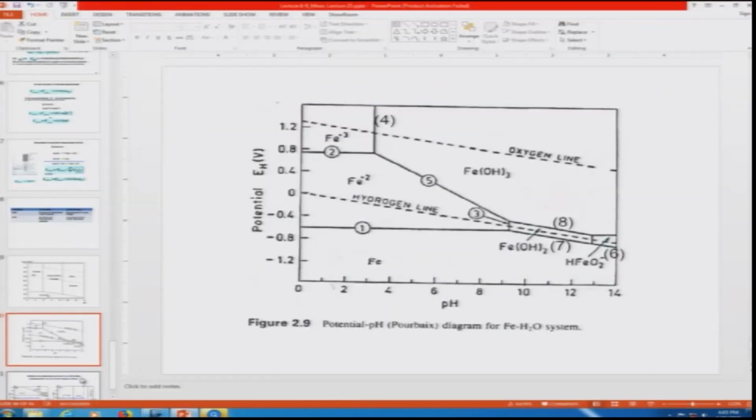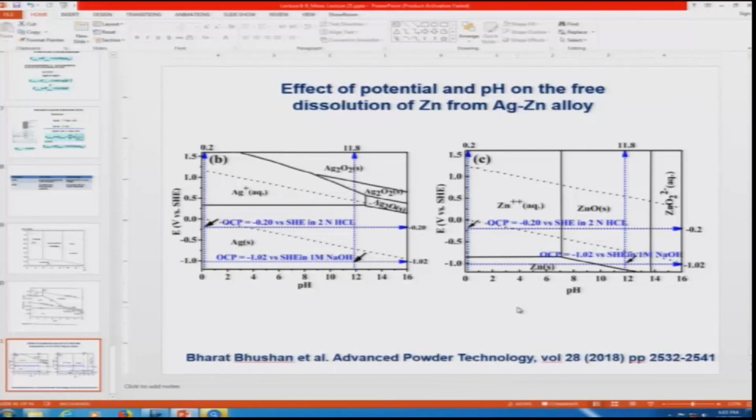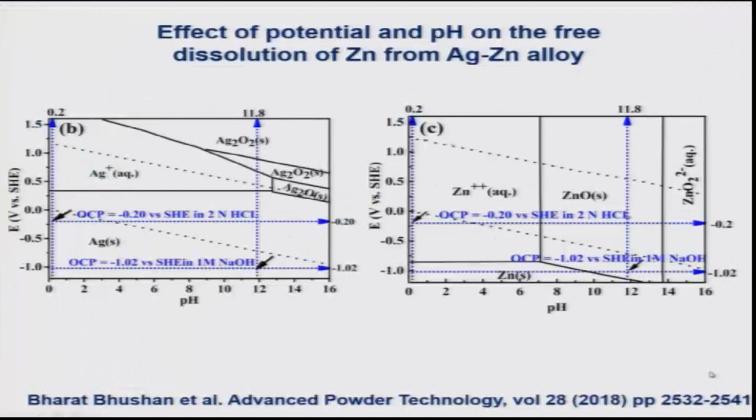If I try to see this diagram, this diagram is a Pourbaix diagram for aluminum, and this diagram is for the silver and zinc system. Separately they are drawn, and if I try to see the two potential values and pH values, this is one point and this is another point.